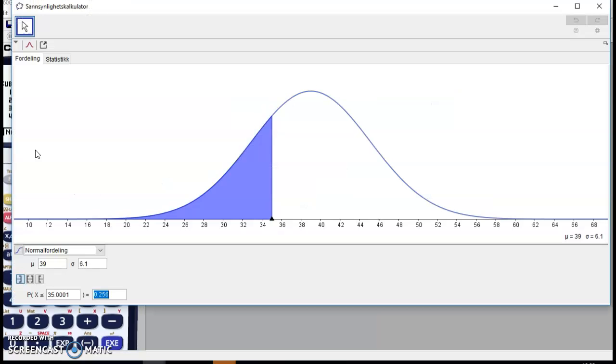Just like we saw on the curve here, we're adding up all this area here up to 35 centimeters. We want to find the probability that a given trout is within this size range.